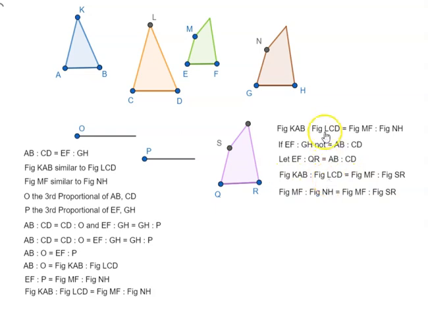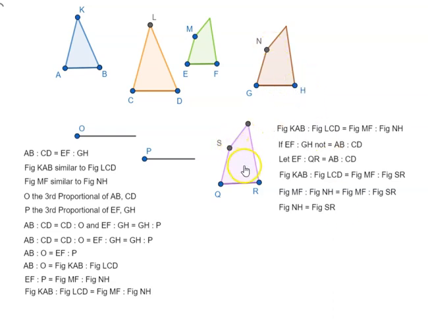Figure KB is to figure LCD is there on the left hand sides, so that means right hand sides will also be equal. So figure MF is to figure NH is equal to figure MF is to figure SR. If you notice, two figures have the same ratio with the third figure MF. If these two ratios are equal, that means figure NH is equal to figure SR.